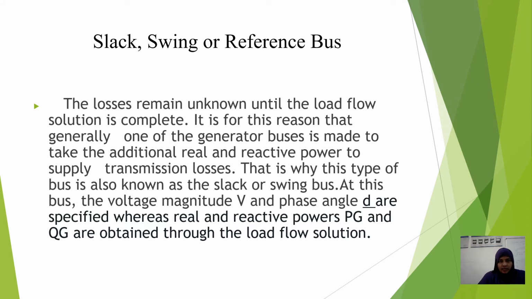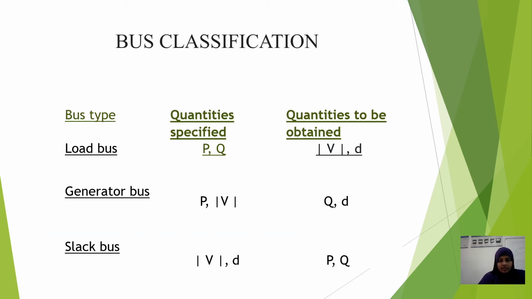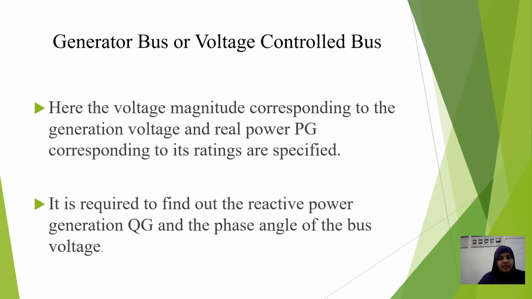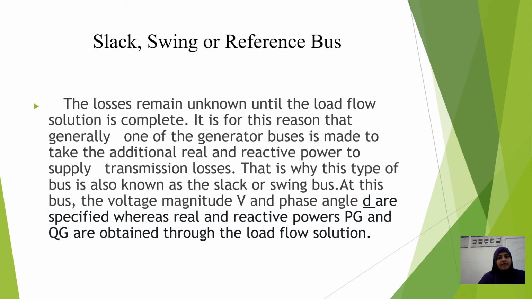Then the slack, swing or reference bus. Usually these two buses are enough for a power system, that is load bus and generator bus. But there is one more bus called the reference bus. We are taking a swing bus or slack bus as a reference bus. Losses remain unknown until the load flow solution is complete.